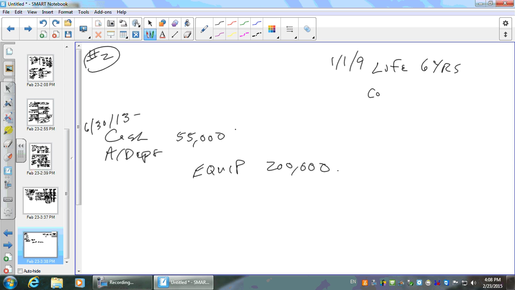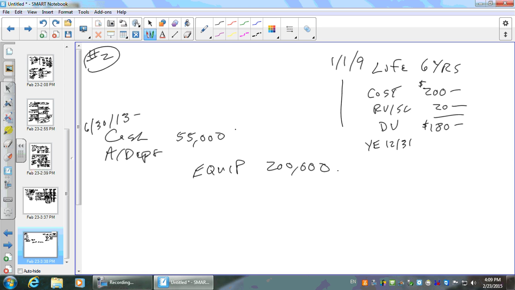Cost is 200,000, right? Residual or salvage value is 20,000. What's the depreciable value, everybody? 180,000. So they've been using straight line. The year end is December 31st.